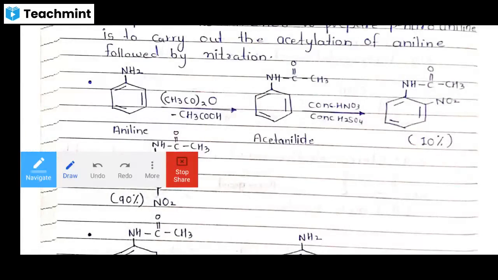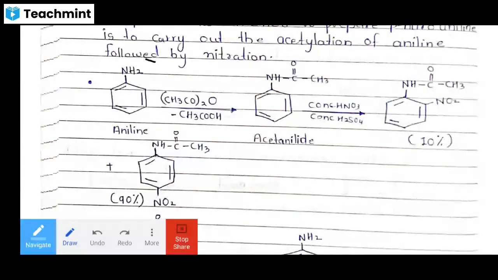This is the NH2 group, okay, and this NH2 group is an ortho-para activating group. In these cases you have to block that NH2 group by using a protecting agent. This is the protecting agent. So this group is protected, meaning the protected moiety cannot delocalize the nitrogen's lone pair of electrons.